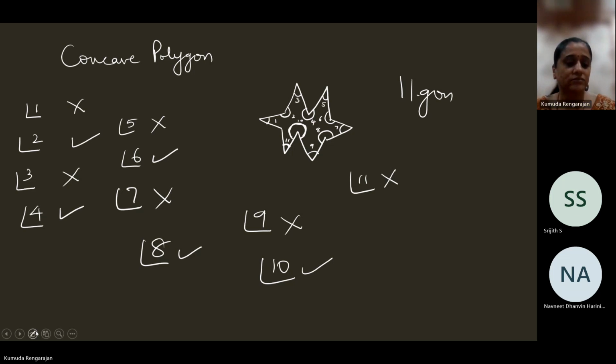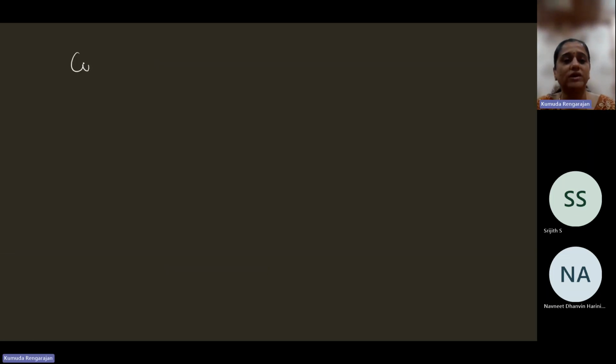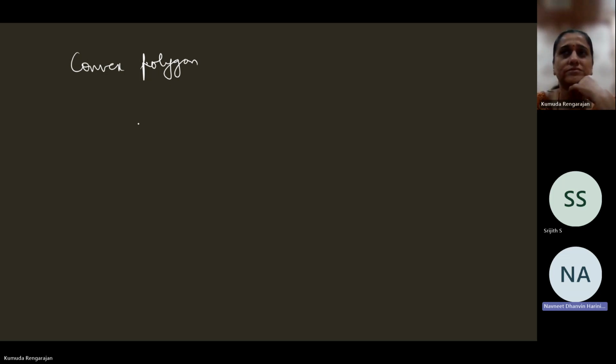All right. And what's a convex polygon? A polygon in which all the angles are less than 180 degrees. All the angles, not any one angle.